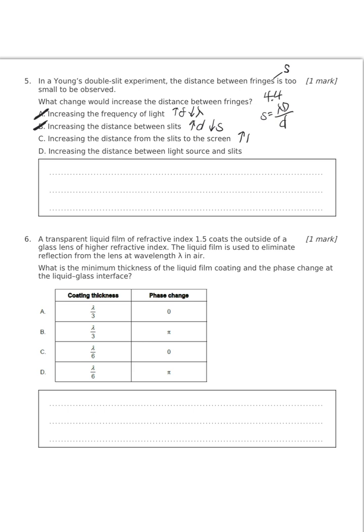So increasing the distance to the screen is going to increase S. So C is for sure a viable choice. And then D, increasing distance between the light source and the slits, that has no bearing on the equation. So not D, that leaves us with C.